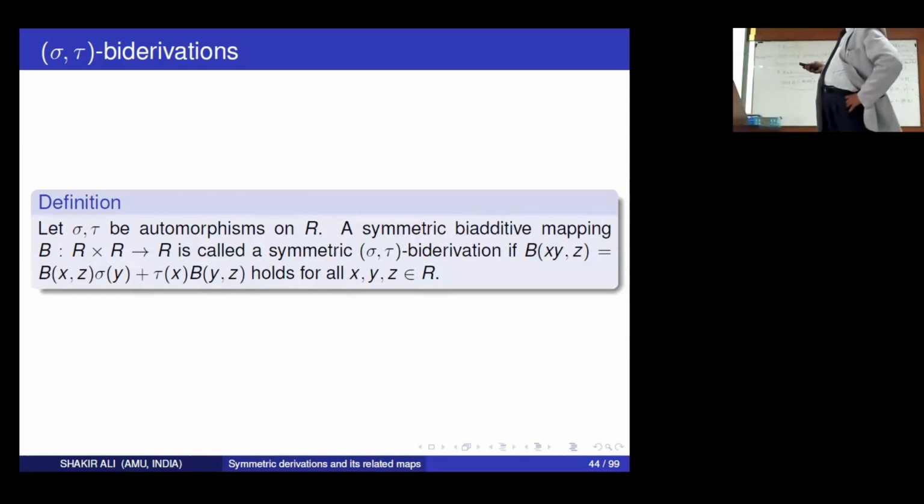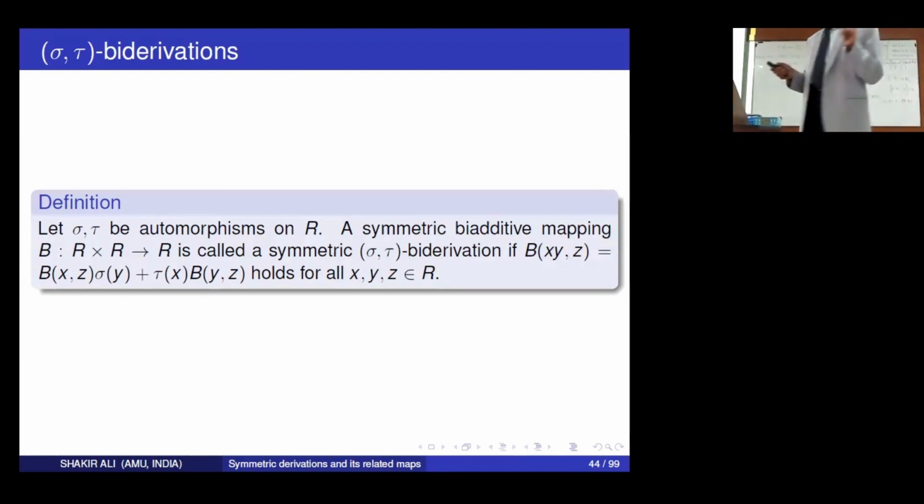we move on. New type of (sigma, tau) bi-derivation, a map associated with two more maps involved in the definition. So let sigma and tau be automorphisms on R. A symmetric bi-additive map B from R × R is called a symmetric (sigma, tau) bi-derivation if B(xy, z) is sigma here and tau here.